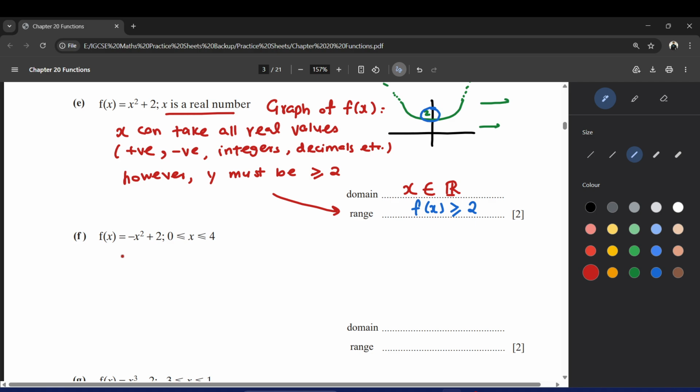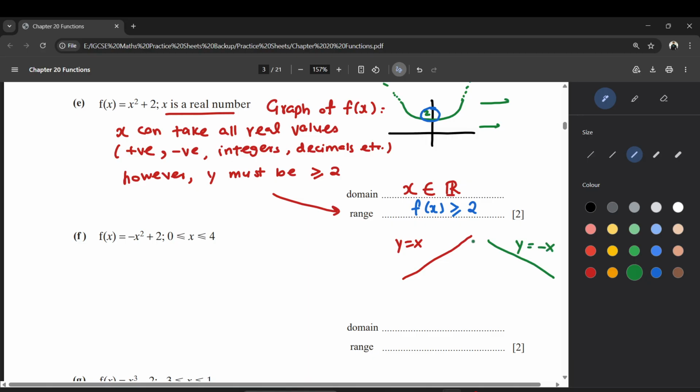All right, let's take a look at the next one, part F. Now this is also a similar equation, but if you notice, there's a negative sign over here. Just like when we draw a straight line graph, y equals x, and this is a line which goes downhill, which is y equals minus x.